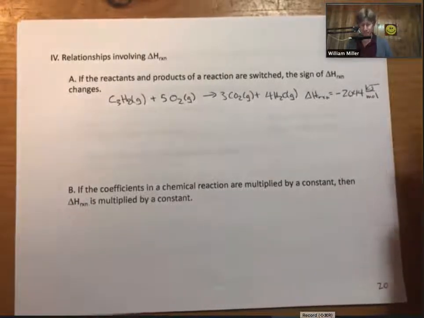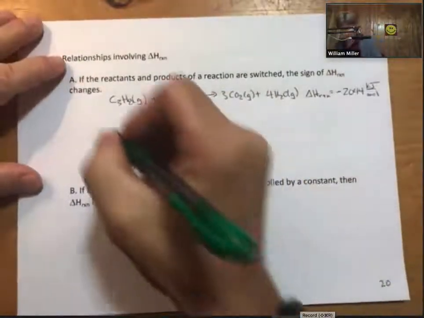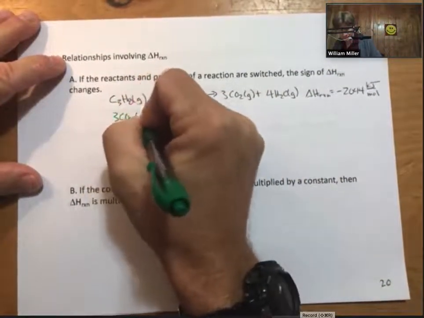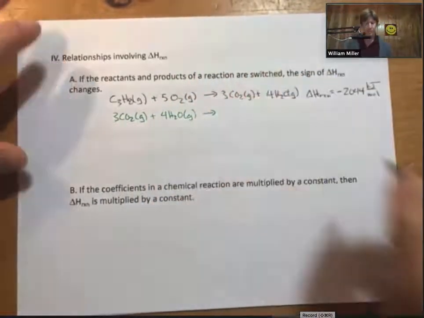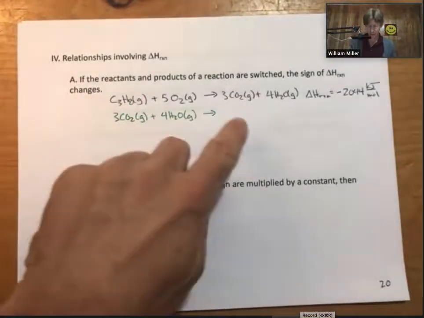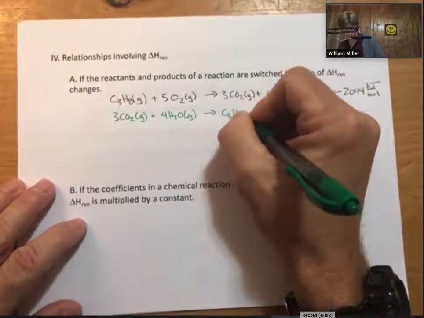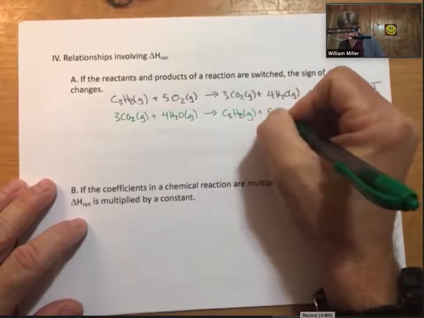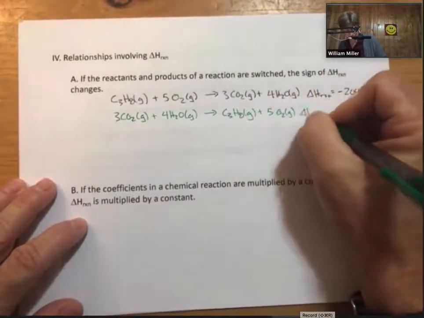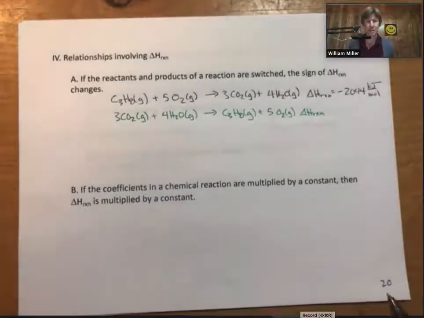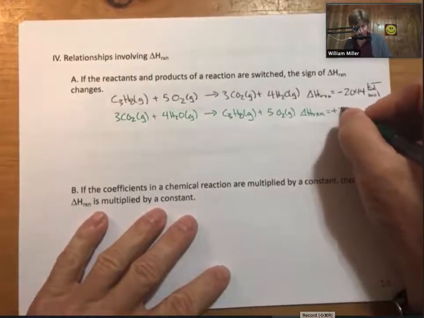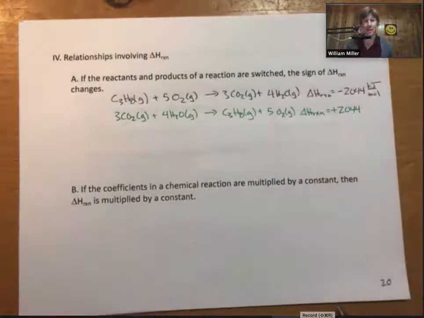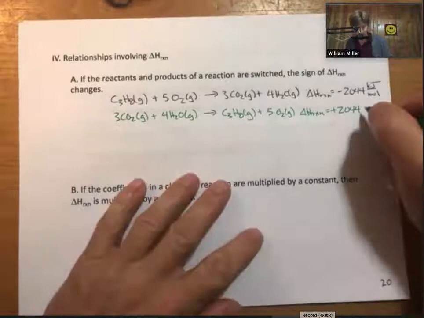And according to A, if we flip the reactants and products, we get propane and 5 moles of oxygen as products now. So we flipped or reversed the reaction. And delta H reaction for this is positive 2,044 kilojoules per mole.